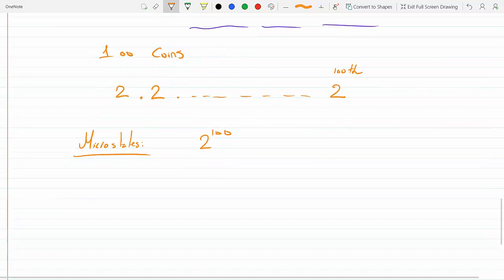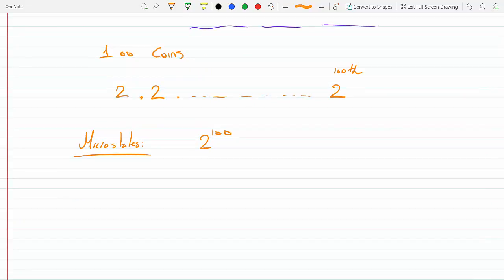Well, the macrostates are a little bit different, because there are 100 coins, so they could either be heads or tails. I could have 0 heads, so all of them would be tails. That's one way. I could have 1 head and 99 tails.